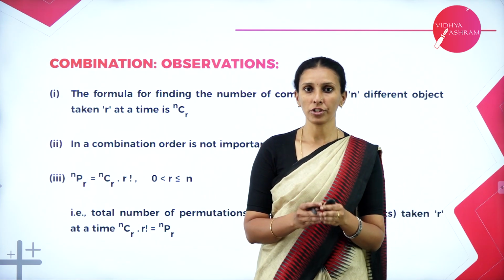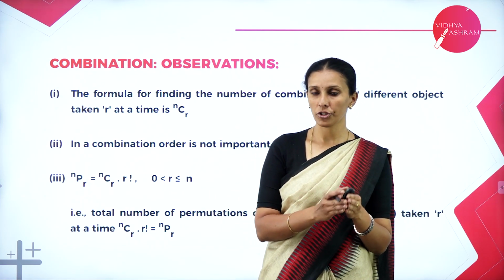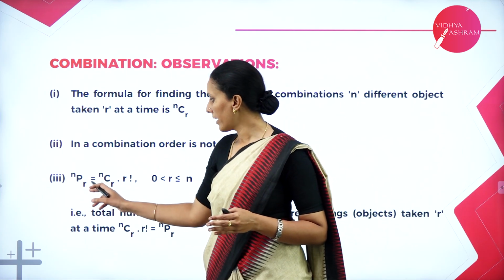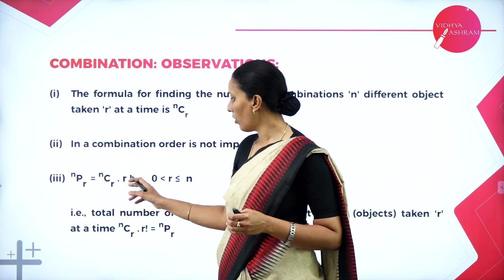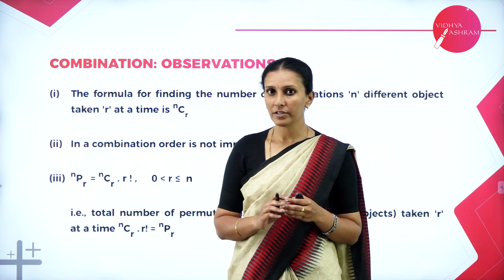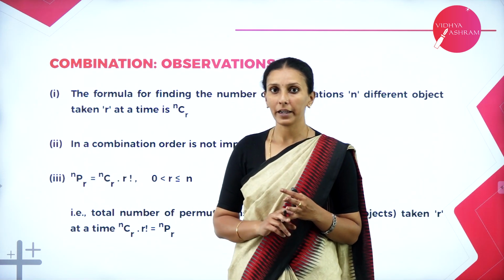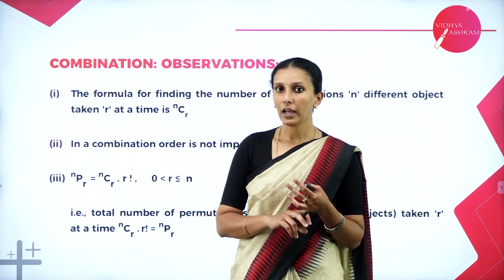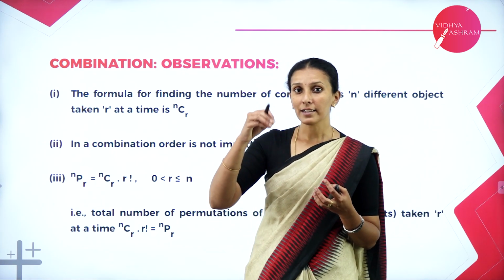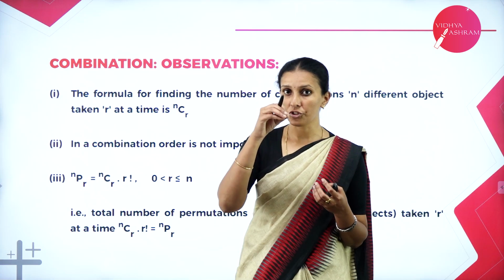And there is a relationship between the permutation and combination, that is nPr can be written as nCr into r factorial. So the only difference is here we need to multiply r factorial to get permutation. When we are talking about the combination, there is a repetition of some arrangement which is not required.